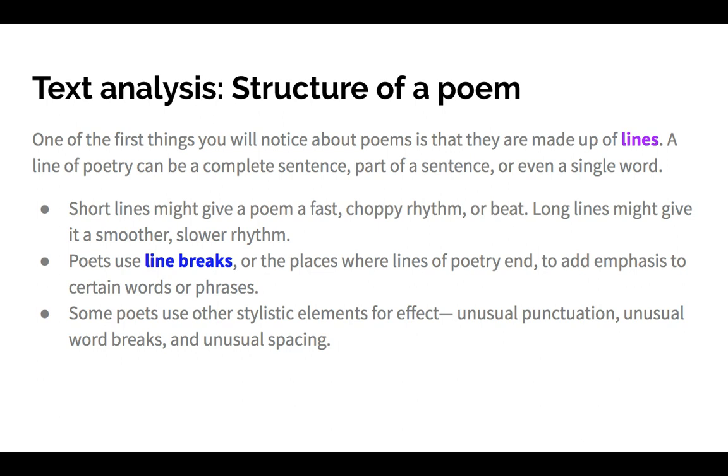The next part says some poets use other stylistic elements for effects, so unusual punctuation, again, not necessarily following the same rules as we would typically have to follow if we were writing an essay, unusual word banks, and unusual spacing. So what you need to pay attention to with these poems is what do they look like? What is their structure like, and how does that influence the meaning of the poem?